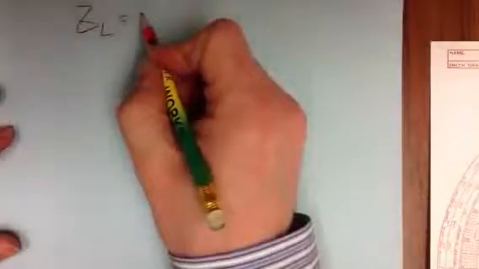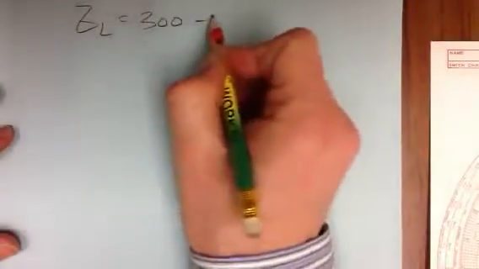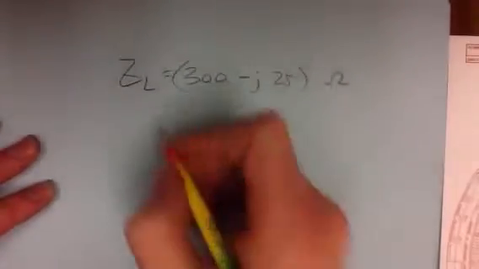The load impedance is equal to 300 minus j25 ohms.